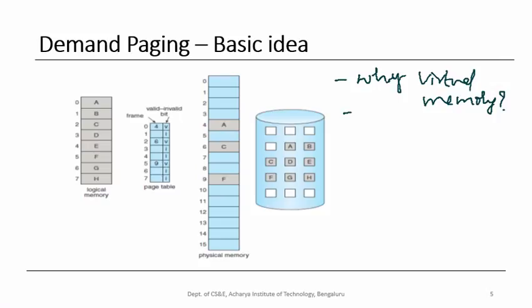Therefore, we need virtual memory. And the program actually is divided into several smaller chunks called pages and stored in the hard disk, and they are brought into the main memory only when they are needed. And that is how operating system manages to keep several processes which are ready for execution and run them concurrently.